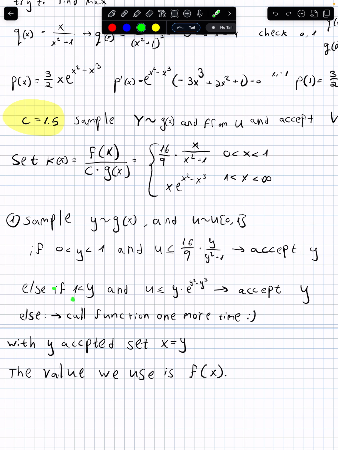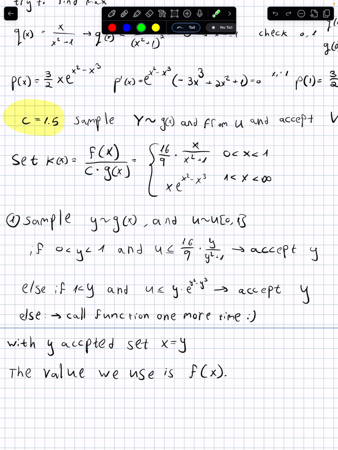Else, if y is bigger than 1, and u is less than y times e to the power of y squared minus y to the power of 3, then we accept y. Else, we call this function again one more time until we accept it. With y accepted, set x to y, then the value we use for f will be this y, which we now call x just for formality.